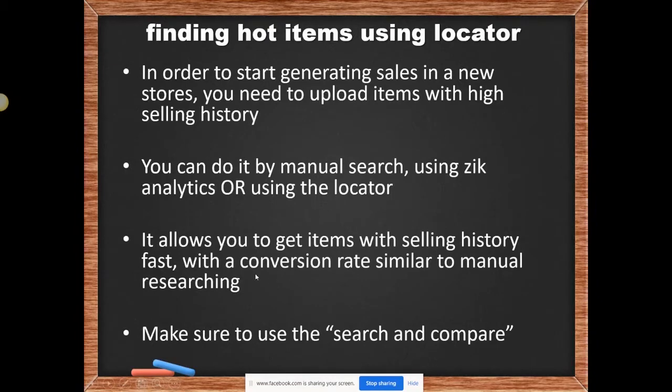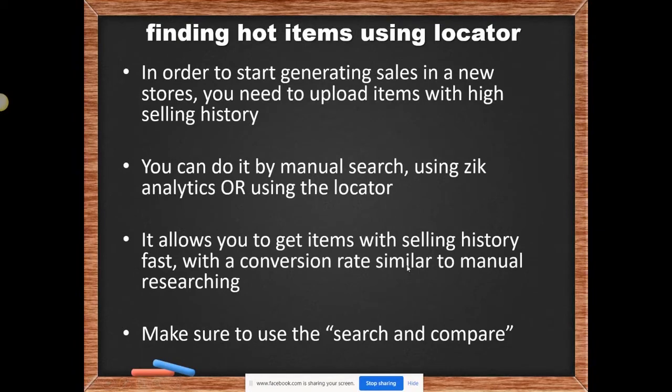So using the SaleFreaks locator, you don't really see the numbers. You can't tell if it was sold 8 times the last 30 days or 12 times. But you have some sort of data, and I will show you in a bit. And the conversion rates are very, very good.